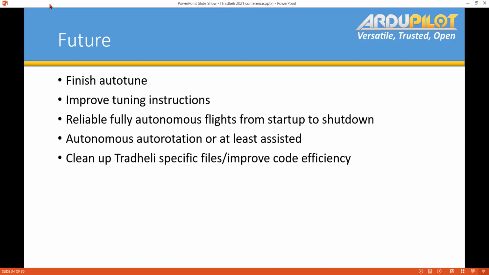Really cool. Yeah. Bill, I had something I thought of looking at the chirp method. I noticed on one user that I helped with their Trad Heli setup, that to get around the rotor vibration, they'd ended up quite softly mounting their autopilot.